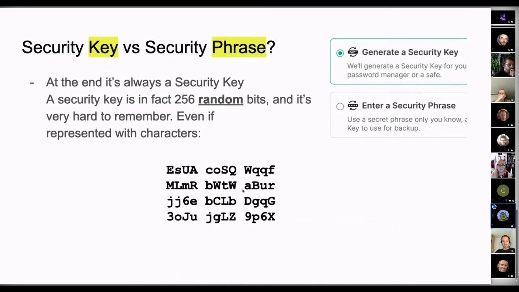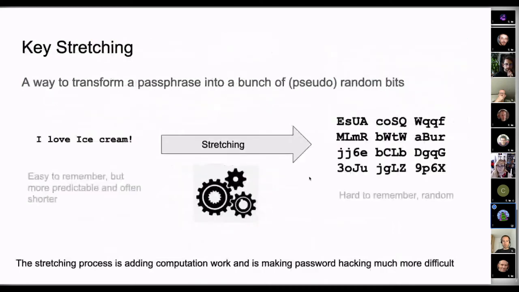I think it's something like base 58, I don't remember. But the trick is that if you have a passphrase, your passphrase is transformed into a key. So that's why I'm saying that at the end, the crypto layer is always using a key.